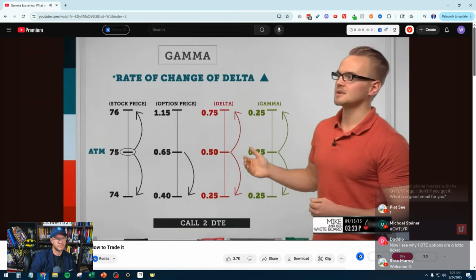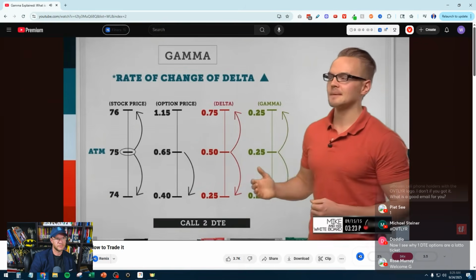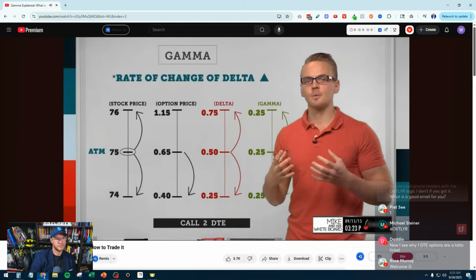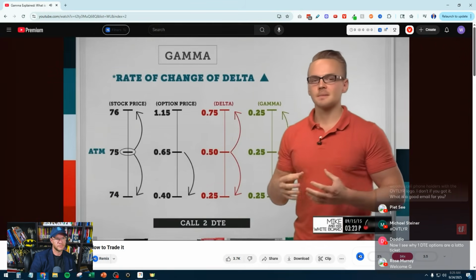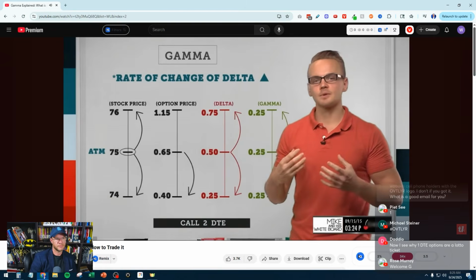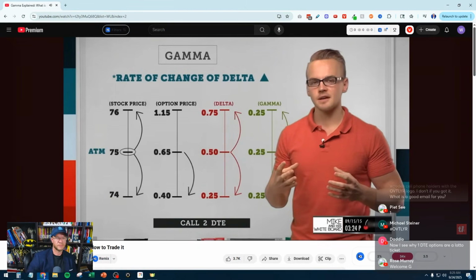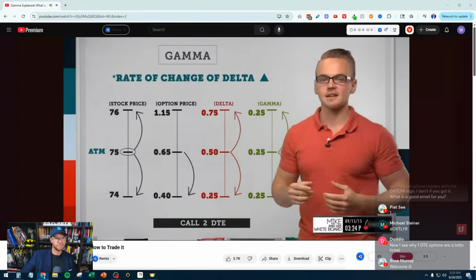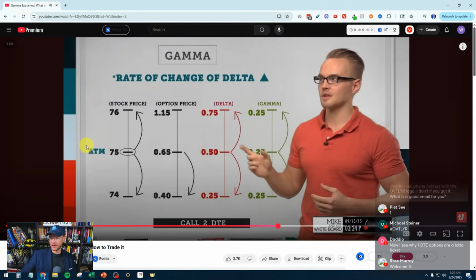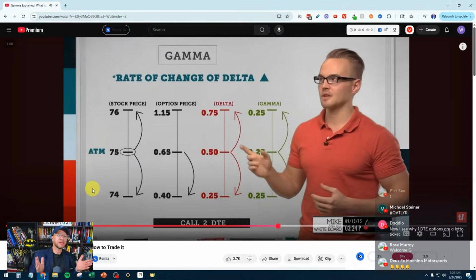So again, you can see that gamma being high is not really good if I want to hold that delta or hold that option price, because when we're looking at a high gamma, we're looking at a high rate of change of delta, which means that when you're looking at a bell curve, so we're going to look at this on the next slide here. So if we want to tease that out, the reason gamma grows as it gets closer to expiration.